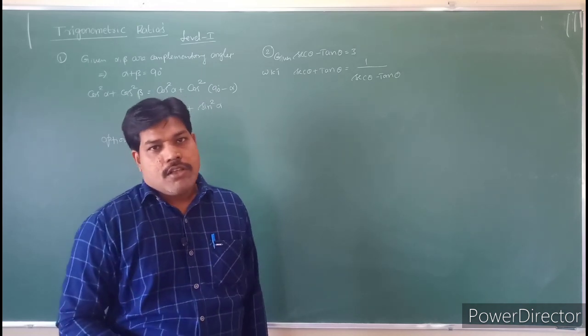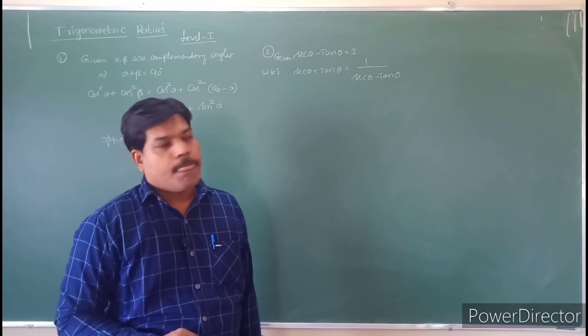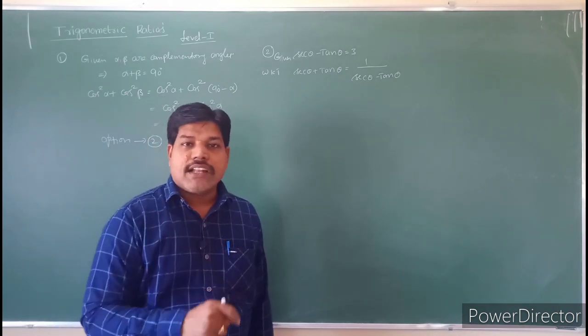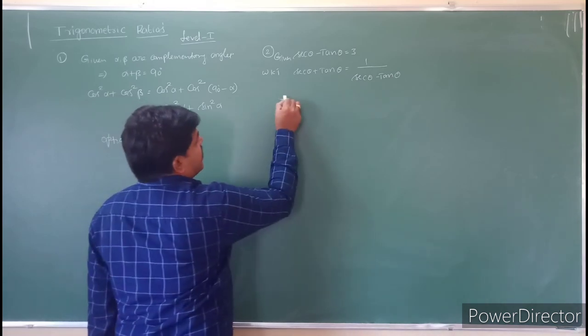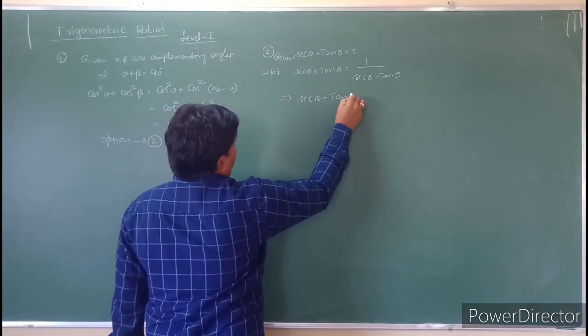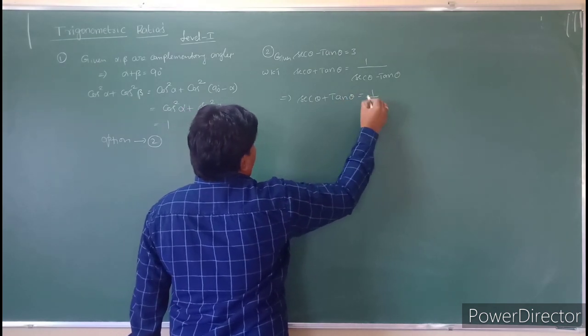Yes or no? So secant theta plus tan theta you can take as 1 by secant theta minus tan theta. So secant theta plus tan theta becomes 1 by 3.